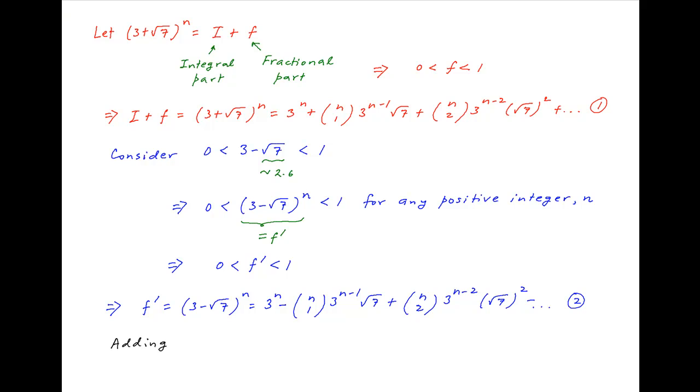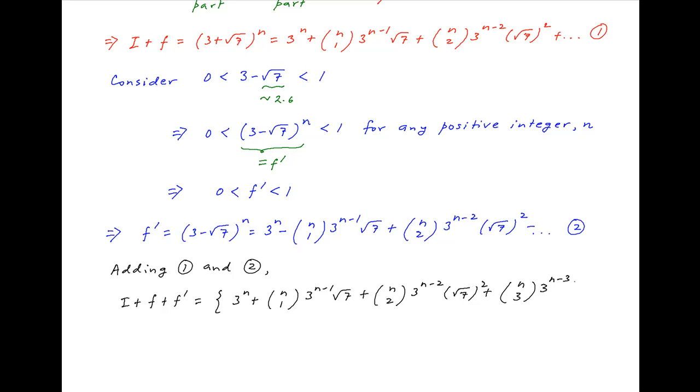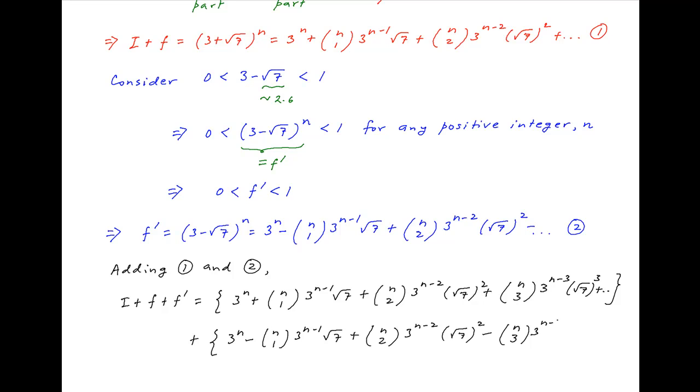Now adding results 1 and 2, we get I + f' on the left hand side, and on the right hand side, 3^n + nC1 · 3^(n-1) · √7 + nC2 · 3^(n-2) · (√7)^2 + and so on, plus 3^n − nC1 · 3^(n-1) · √7 + nC2 · 3^(n-2) · (√7)^2 − and so on.